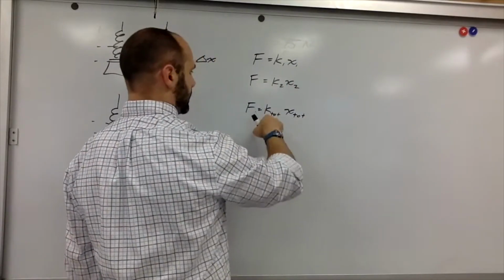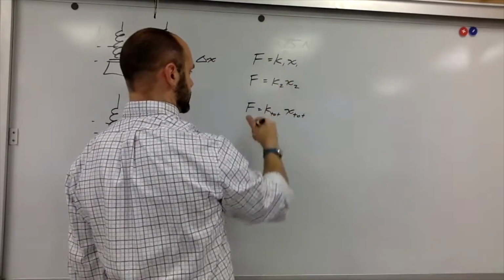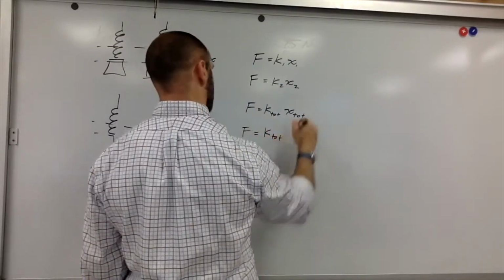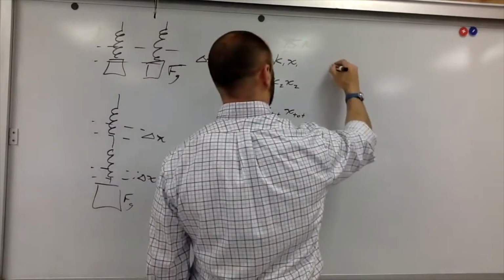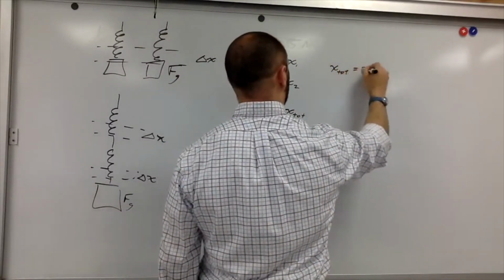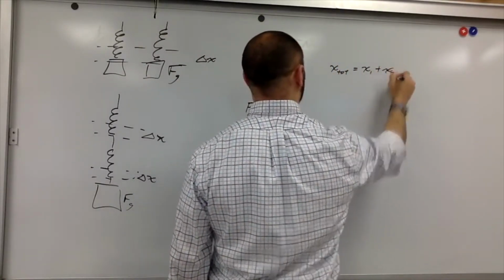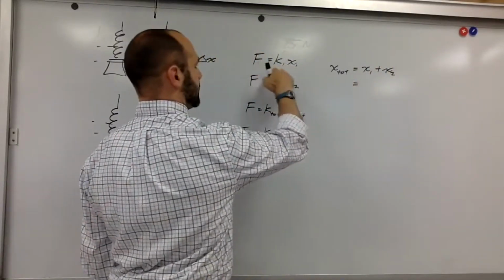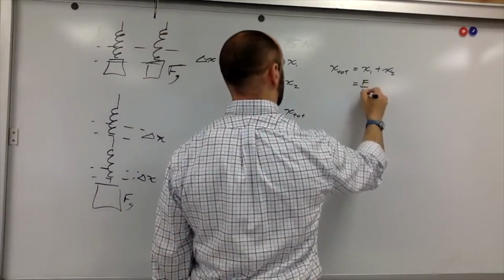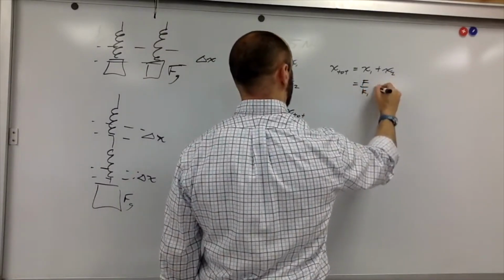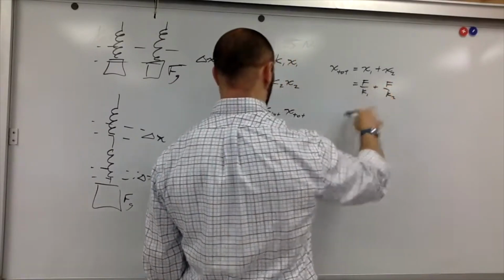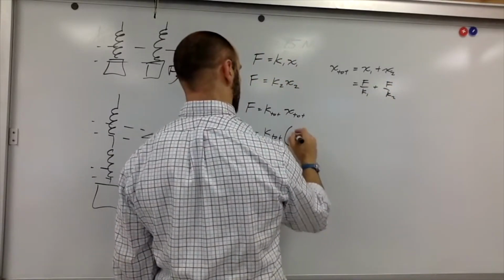And I want to know, how does this compare to these? So F equals K total X total, and X total is X1 plus X2. Now, X1 is going to be F over K1, and X2 is going to be F over K2. So if I plug that in here now, look at what I've got.